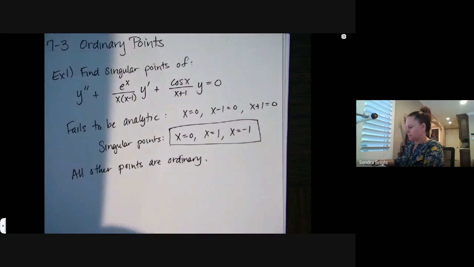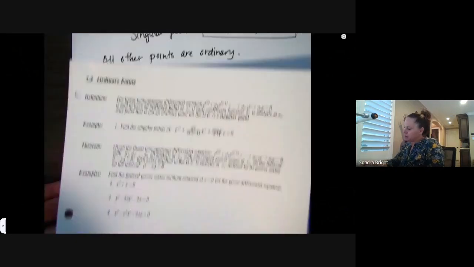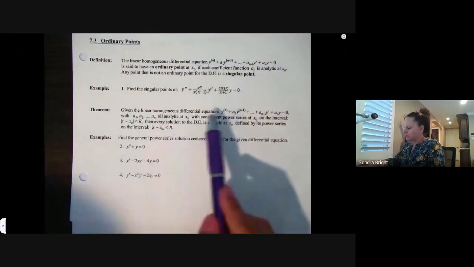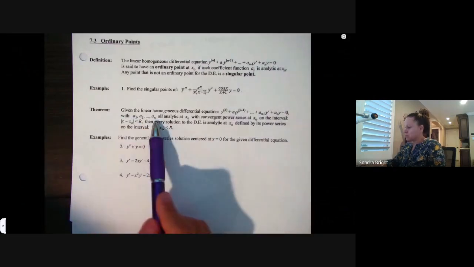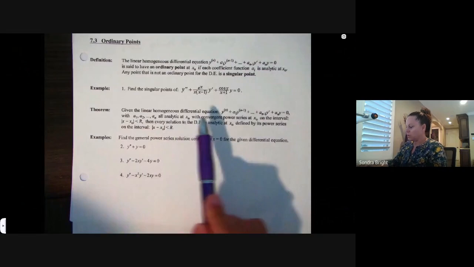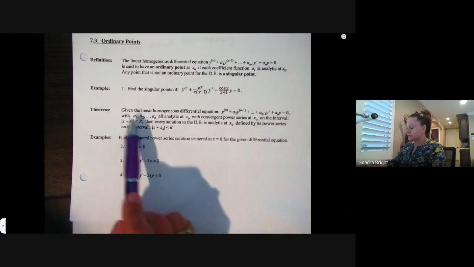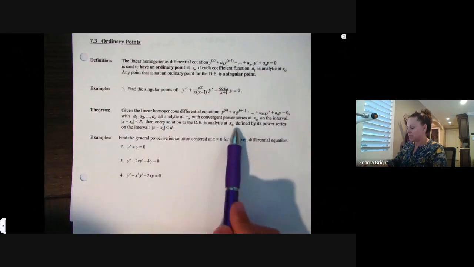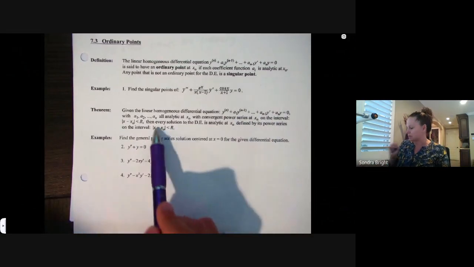So this theorem says, given the linear homogeneous differential equation, so same one as that one up there, with your a_1 through a_n all analytic at x naught, with convergent power series at x naught on the interval where the absolute value of x minus x naught is less than r, then every solution to the differential equation is analytic at x naught, defined by its power series on the interval absolute value of x minus x naught less than r.